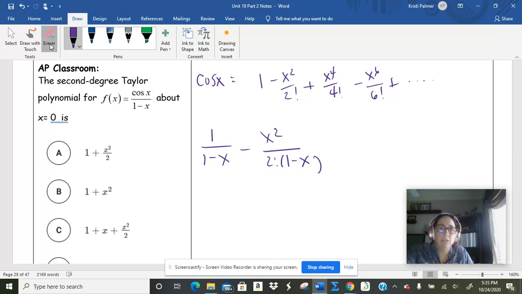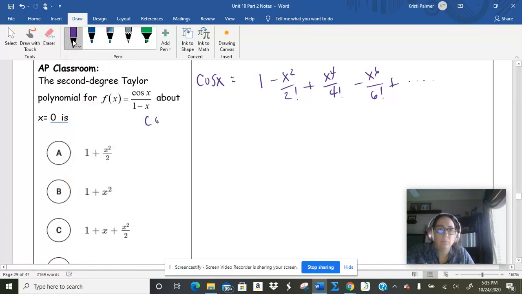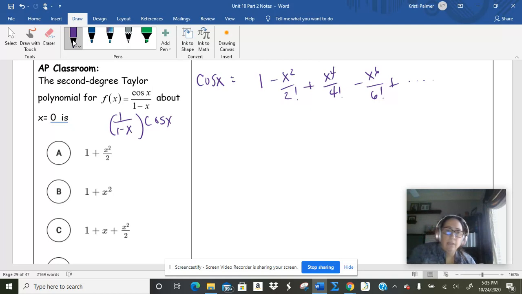So I'm going to actually look at this as instead of being cosine divided by that, I'm going to try to think of this as cosine times this. And so much easier when I just don't have like some constant down here that I'm dividing through, then we're normally going to have to do this.